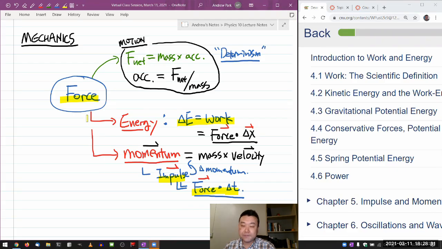The discussion of momentum has an important connection with something that we covered earlier.